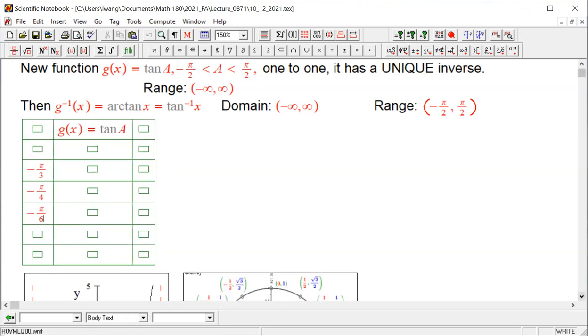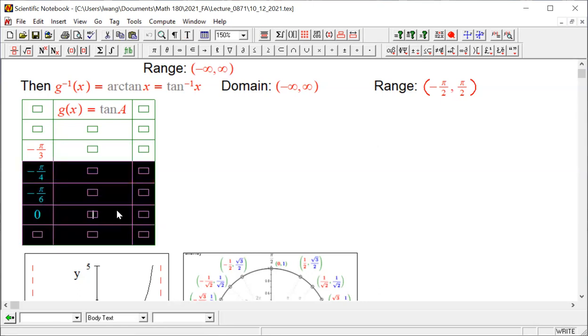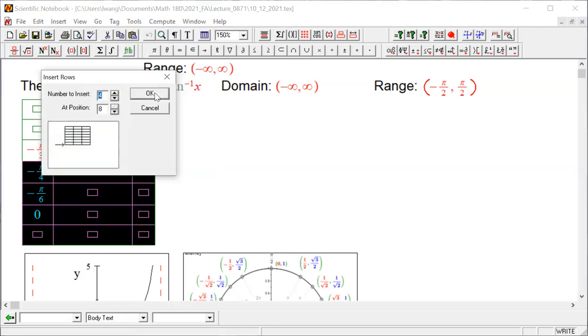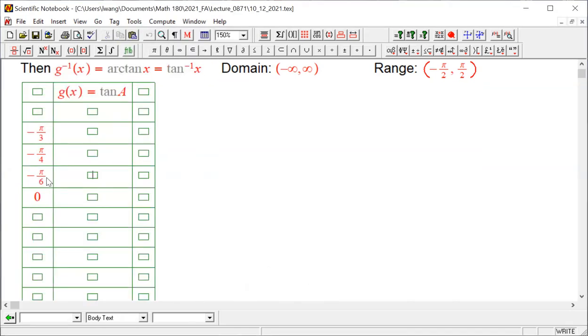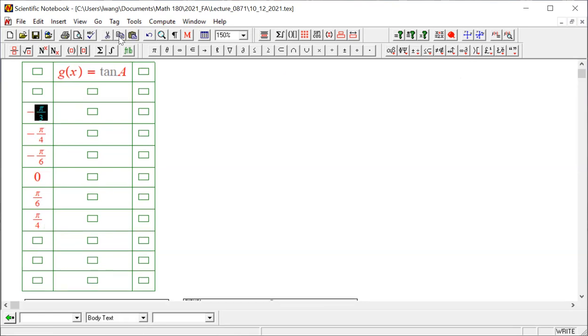You have the unit circle next to you to help you get those ratios. And 0, and more numbers: pi over 6, pi over 4, pi over 3.